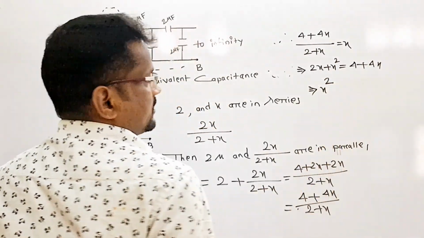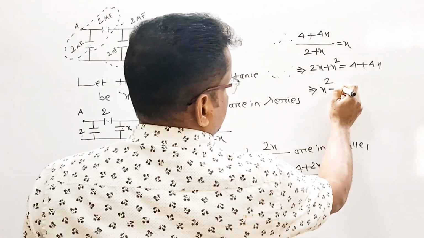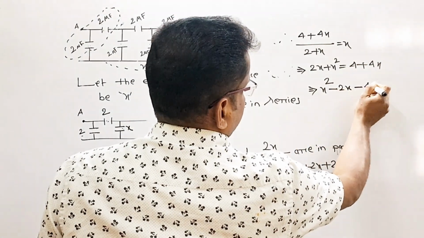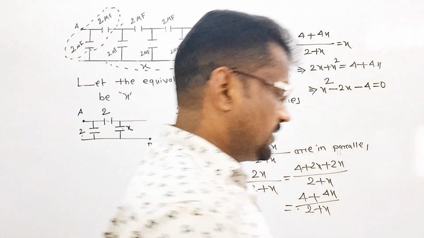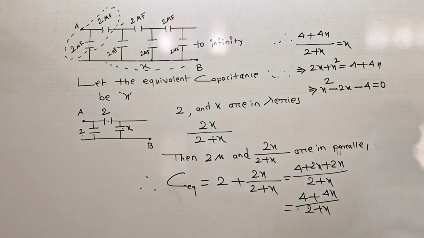Then what quadratic equation comes? X squared minus 2X minus 4 is equal to 0. Now see, factorization is not possible, so you have to go for the quadratic formula in order to solve this.